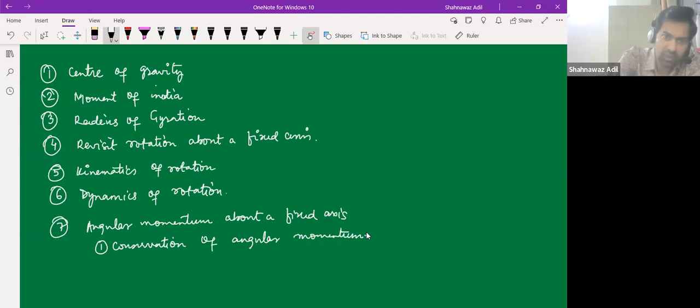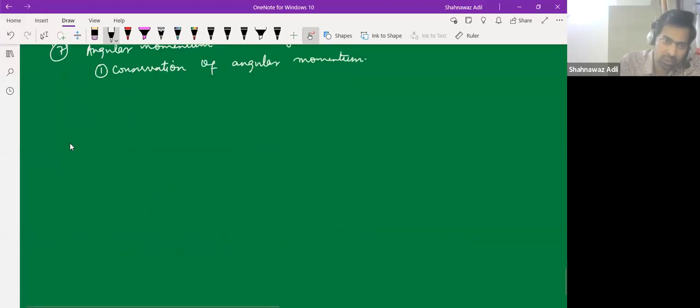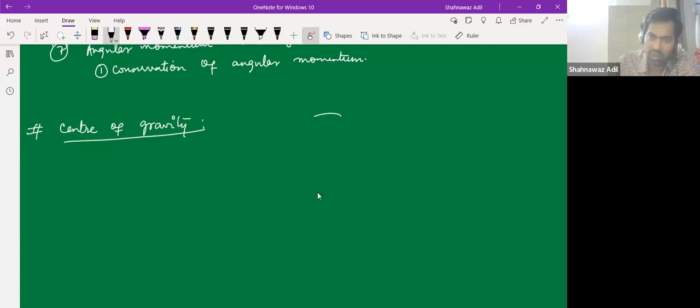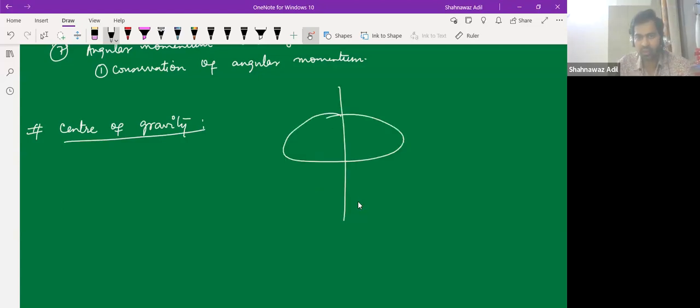Okay. So first thing, what is this center of gravity, right? So we have a rigid body, right? And this is the axis of rotation. And let's say these different constituent particles are situated at R1, R2, R3, R4.